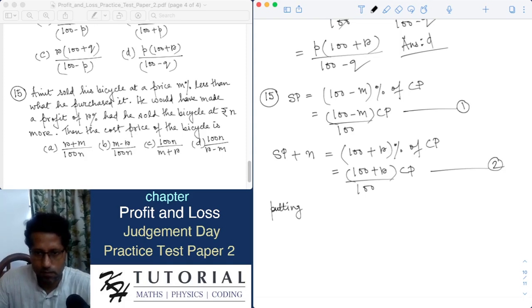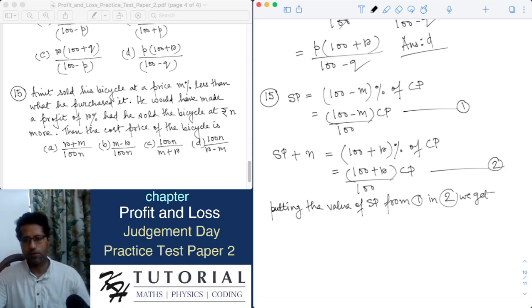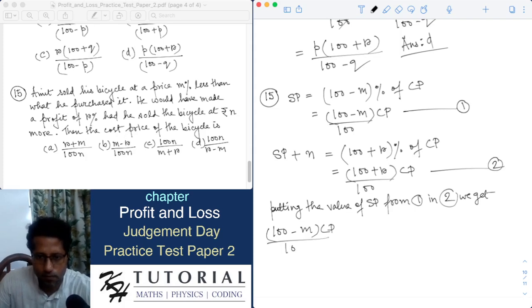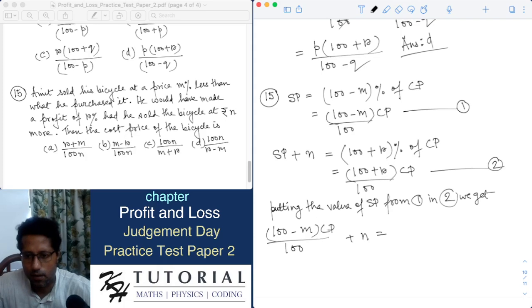Putting the value of SP from equation 1 into equation 2, we get (100 minus M) into CP divided by 100, plus N, equals (100 plus R) into CP divided by 100.